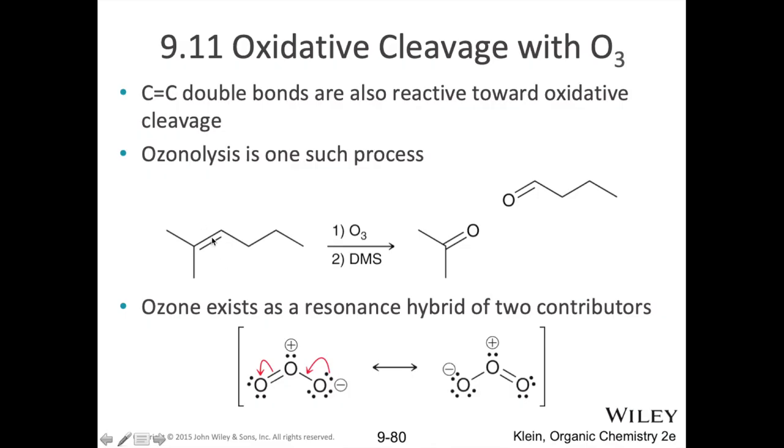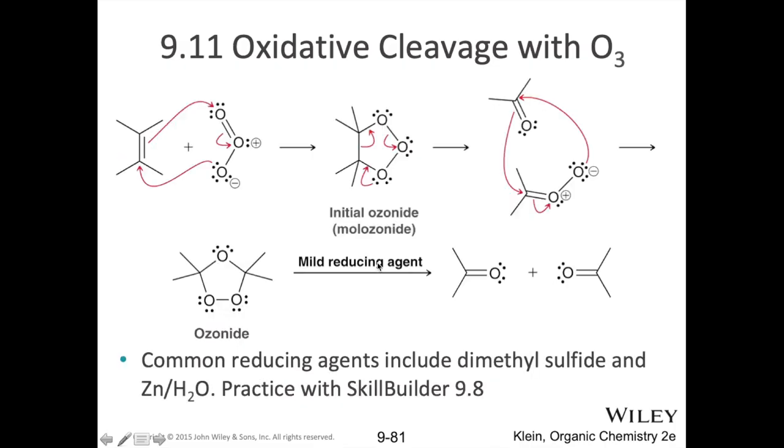The reaction conditions are you add ozone and quench the reaction with dimethyl sulfide. In addition to dimethyl sulfide, zinc and water is another reducing agent you could use here.